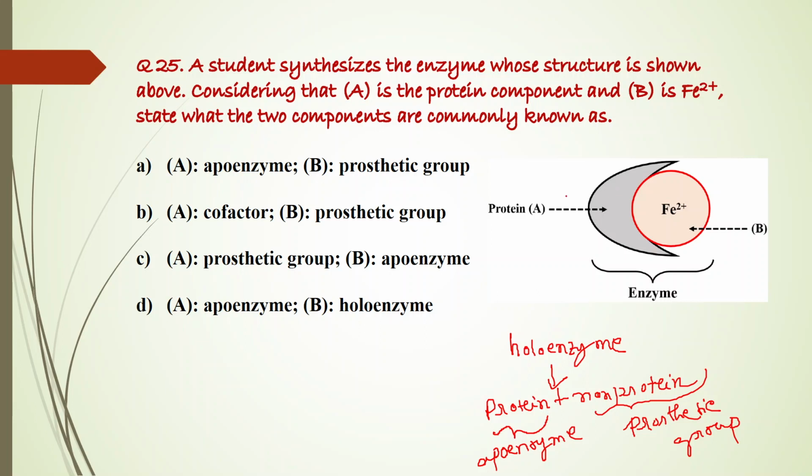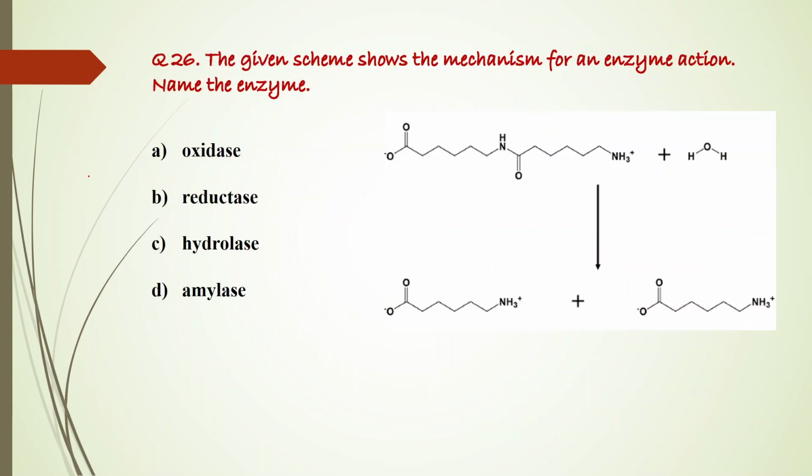So this protein part is our apoenzyme, that means A is our apoenzyme and B is our prosthetic group. Together we call them holoenzyme. So the correct option should have been option A. Moving to the next one.